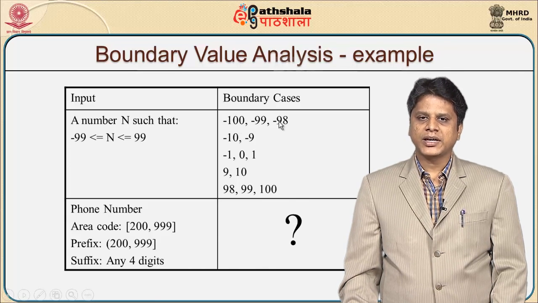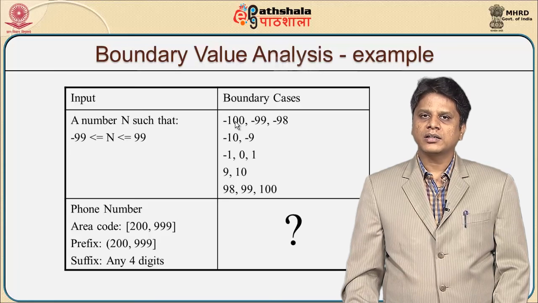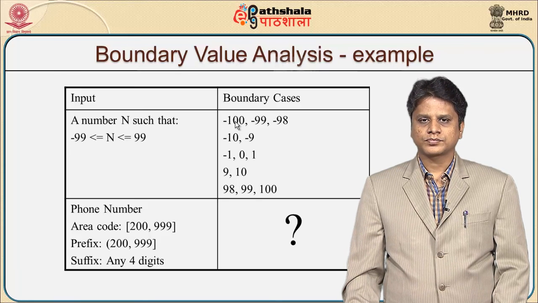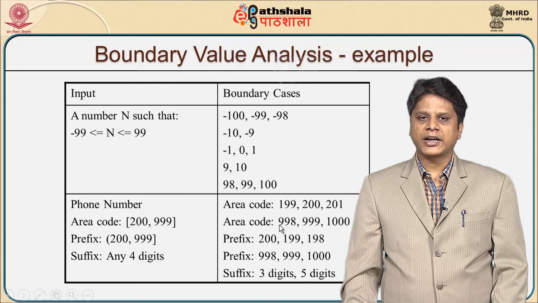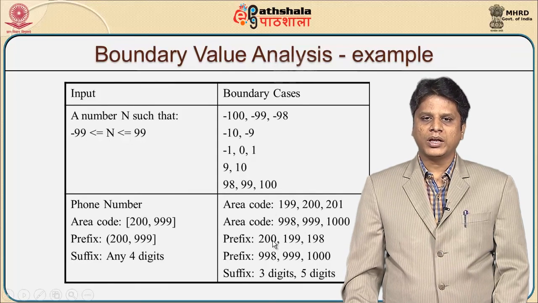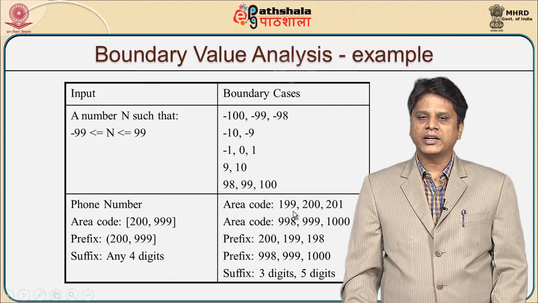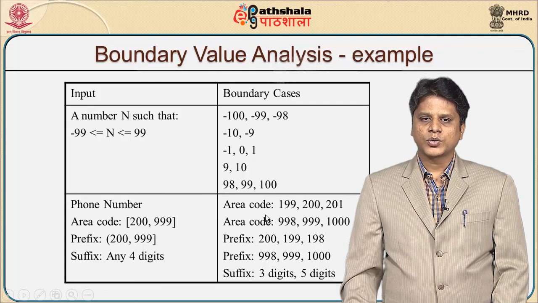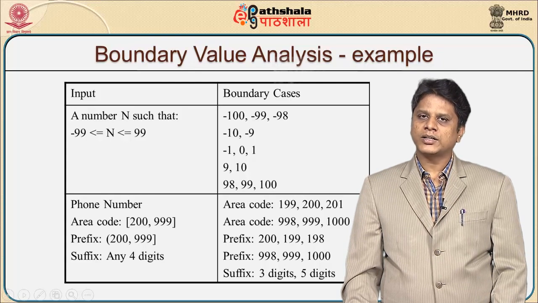If the system says minus 100 is well within the limit, then we may have to look at the coding and correct ourselves. Likewise, similar activity is carried out for the phone number also, where the appropriate boundaries need to be checked, say for area code 199, 200 and 201. So having given the limit 200, one number below and one number more than that has also been checked.